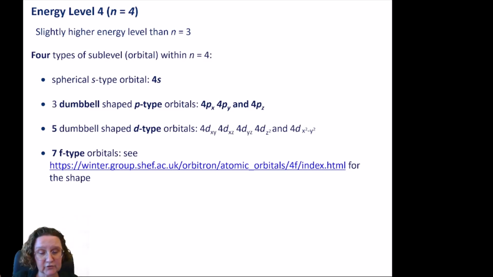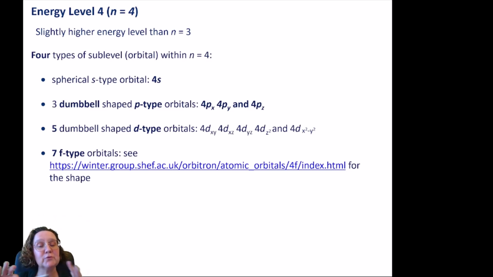I haven't drawn them there, as you will see if you go to this webpage, which I encourage you to go to, because they are quite complicated. They are mathematical equations, sorry, they are functions, and they're 3D representations of the solutions to the Schrödinger equation, and they get more complicated as the orbitals progress.